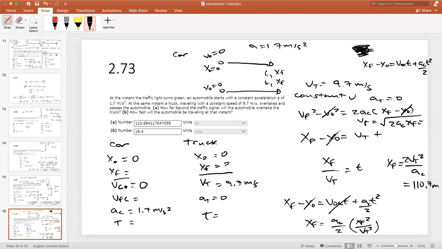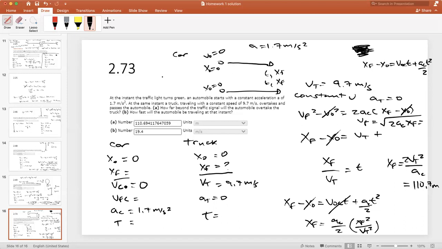So the trick in this problem that I wanted to introduce you to was that you could substitute the equations for the car into the equations for the truck, or vice versa. The truck equations are only X final minus X initial is equal to V naught T, and V final is equal to V initial.